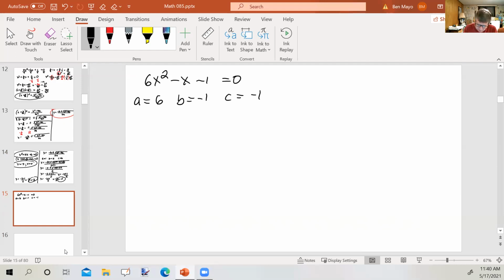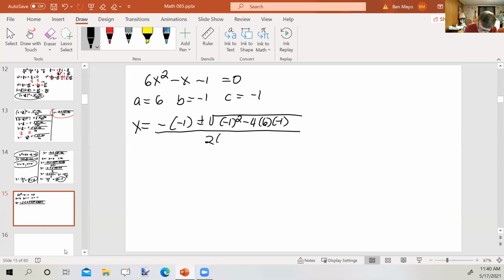Plugging the numbers into the quadratic formula, x equals -b plus or minus the square root of b squared minus 4ac all over 2a. X equals, well, negative times negative becomes positive, so 1 plus or minus the square root of -1, the quantity squared is 1, minus 4 times 6 times -1 would be plus 24 all over 12.